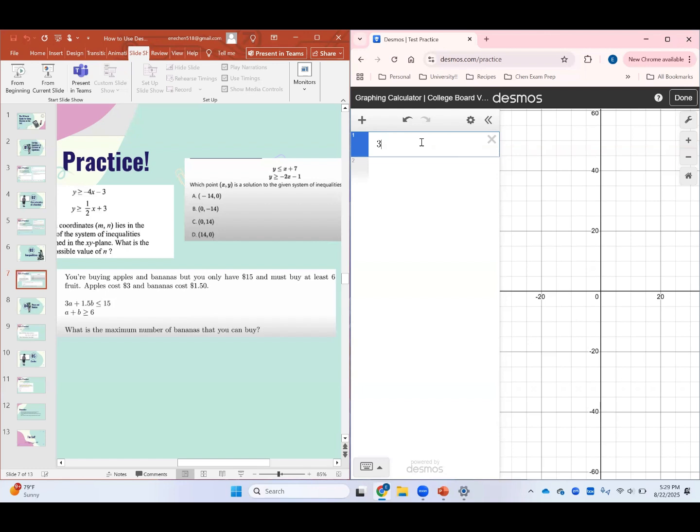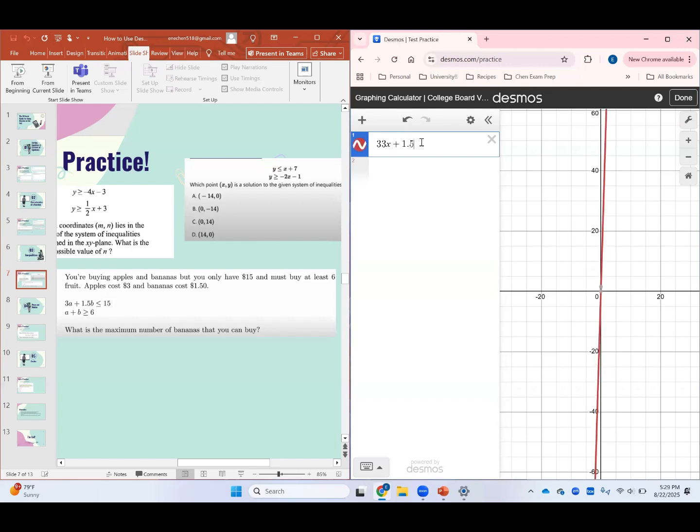So remember to change your variables, but keep track of them in your head or write them down, okay? So for this example, a is going to turn into x. So x is going to represent the apples. y is going to represent the bananas, okay?